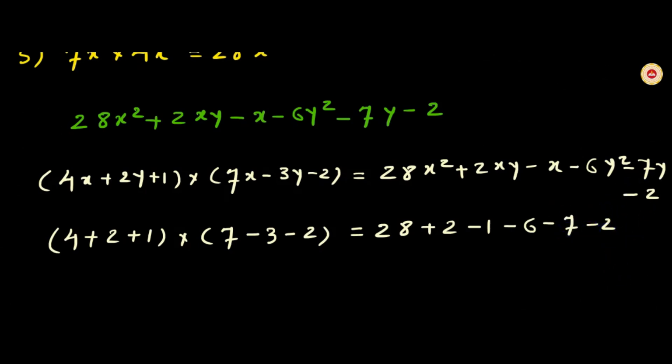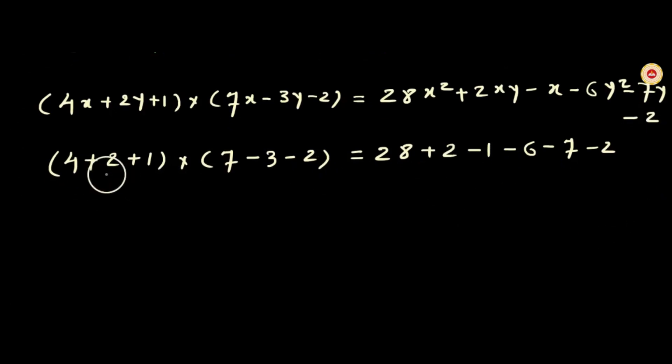Right? So let us calculate the Bijank. 4 plus 2, 6, plus 1, 7, multiplied by 7 minus 3, 4, 4 minus 2, 2, which should be equal to 28 plus 2, 30, 30 minus 1, 29, 29 minus 6, 23, 23 minus 7, or 23 minus 2, 21, and 21 minus 7, 14.